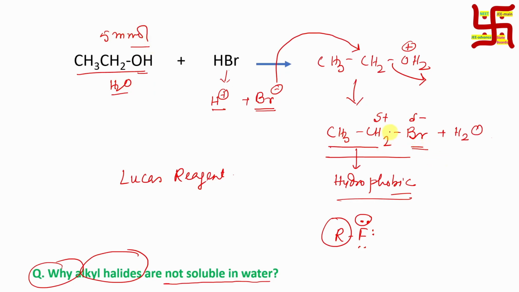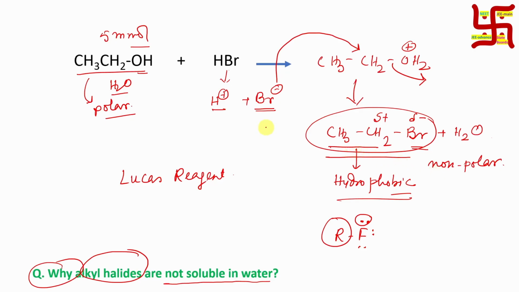There will be a clear-cut layer separation because this alcohol is a relatively polar molecule, and this alkyl halide is very less polar, or you can say non-polar, and they are not miscible together. So clear layer separation will be observed.